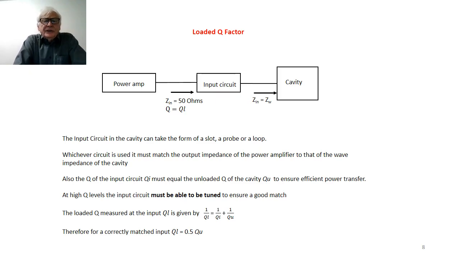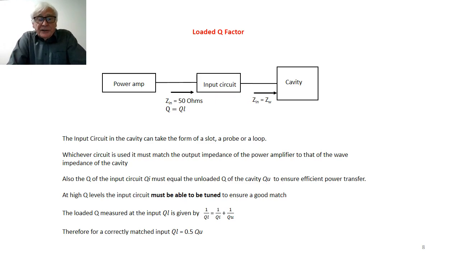In this situation, we then have a method of determining the loaded Q of the cavity, and this is given by the equation 1 over loaded Q equals 1 over the input circuit Q plus 1 over the unloaded Q, the natural Q of the cavity.